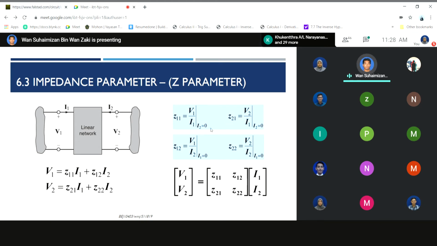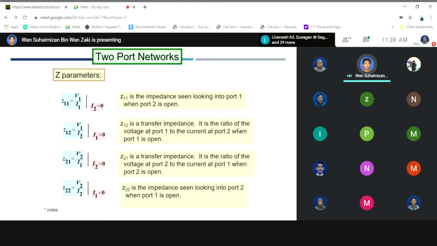So how do we set I1 and I2 to 0? For the Z parameters, you need to do two tests. First, open circuit at port number 2, and second, open circuit at port number 1.